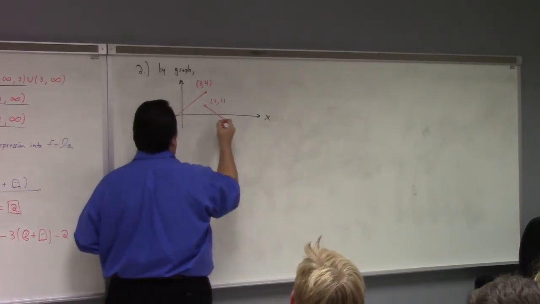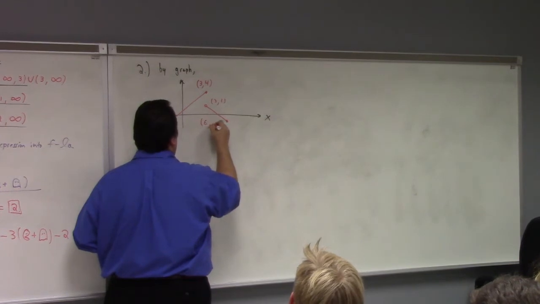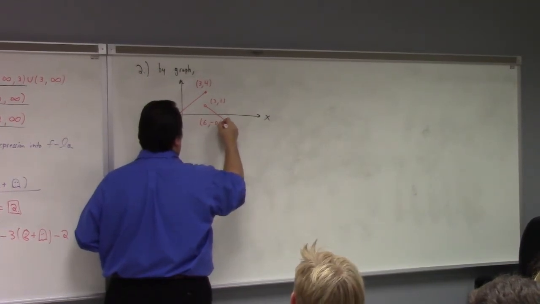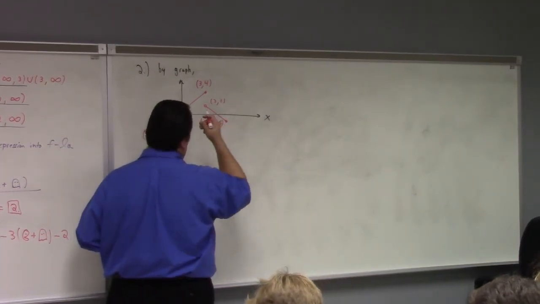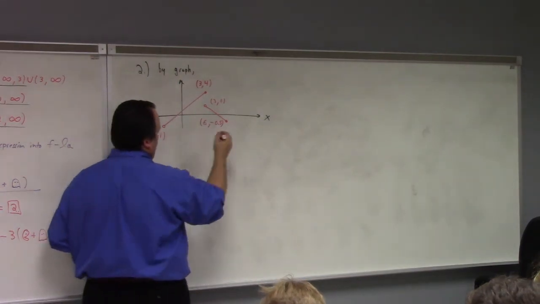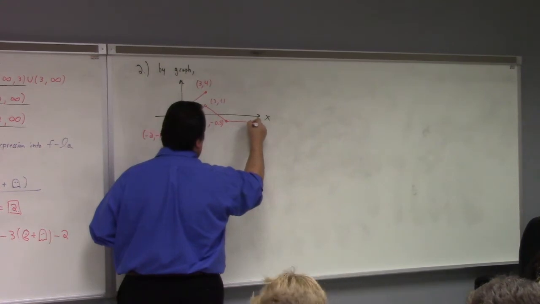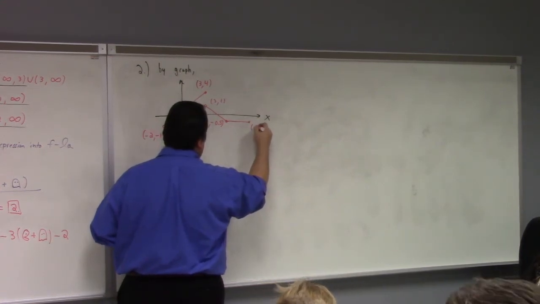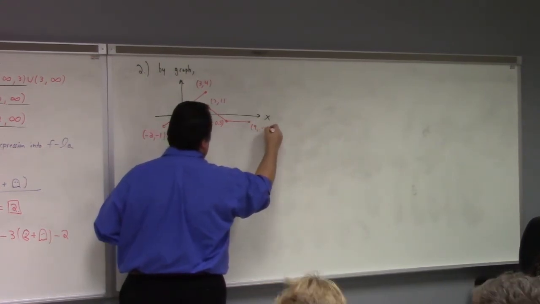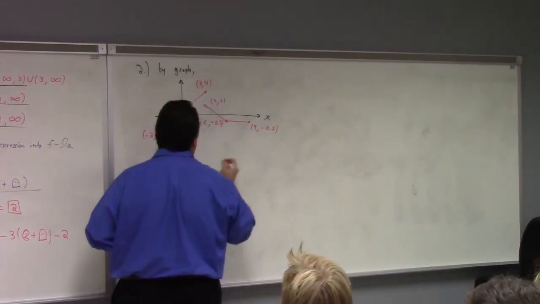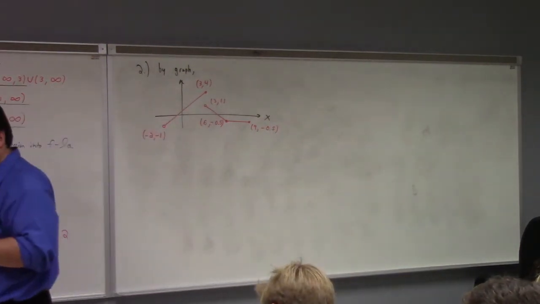I'm going to put that one at 6, comma, minus 0.5. And then from there, I'm just going to go constant all the way over to 9, comma, minus 0.5.